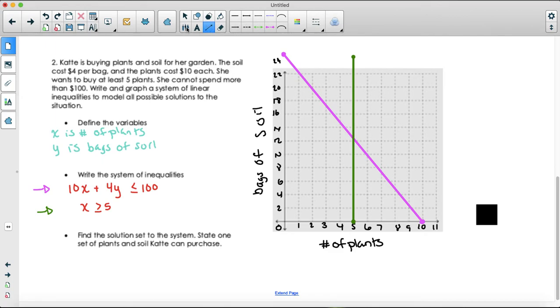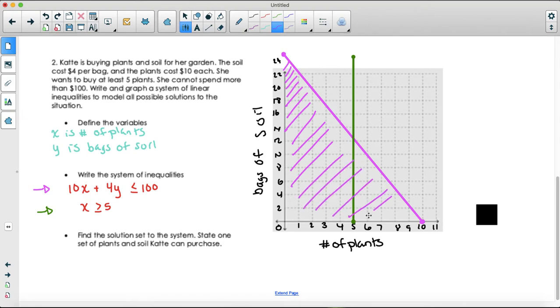So now I can go back to shade. So for the pink, I needed it less than 100. So that's this section underneath the pink. For the next one, for the plants, I need more than 5 plants. So that's towards the right.